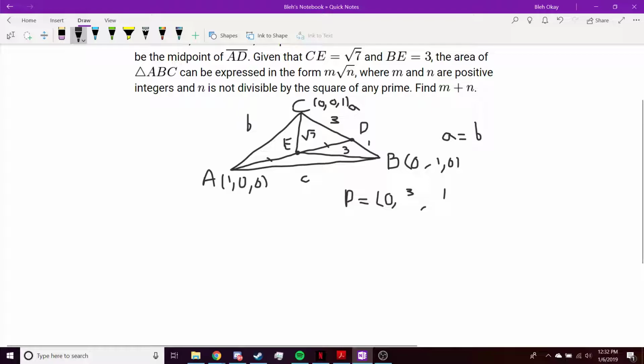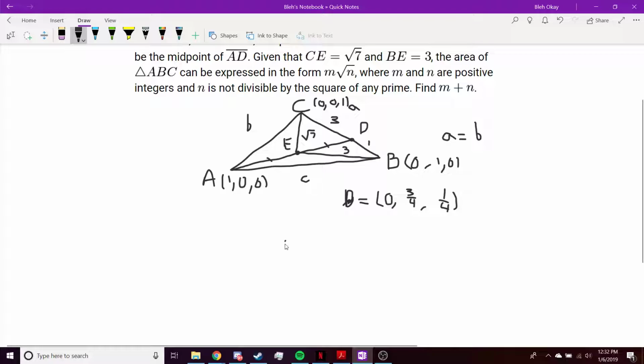And remember that all normalized points in barycentric coordinates add up to 1, so we can divide by the sum of the coordinates, which is 4, and we get 0, 3/4, and 1/4. And this is a D, not a P. It kind of looks bad.